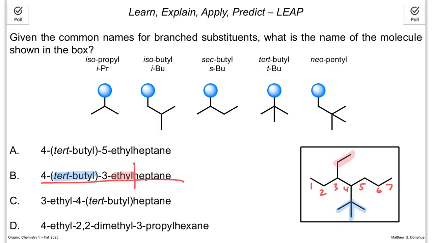And as part of the rules, they have to get the lowest possible numbers. C is incorrect because the alphabetical order is reversed. And then I don't even know what would be wrong with D, because you wouldn't arrive at that structure if you translated it back.